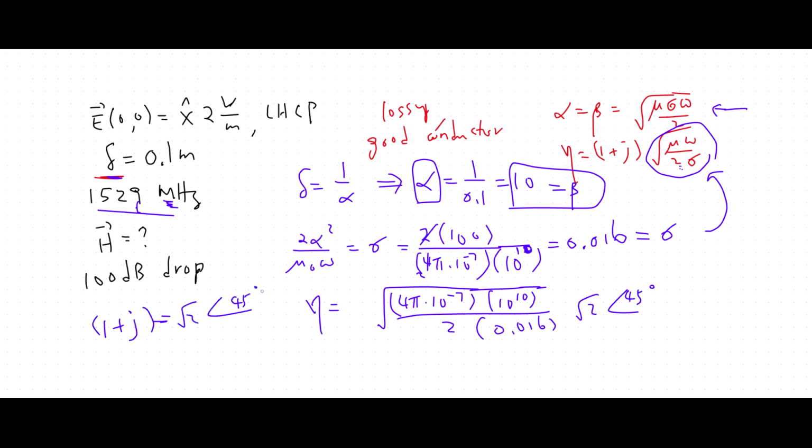So that means this cancels, and what is the magnitude here? Anyone? 4 pi divided by 0.016 times 1,000, square root. Did you guys get the same thing?